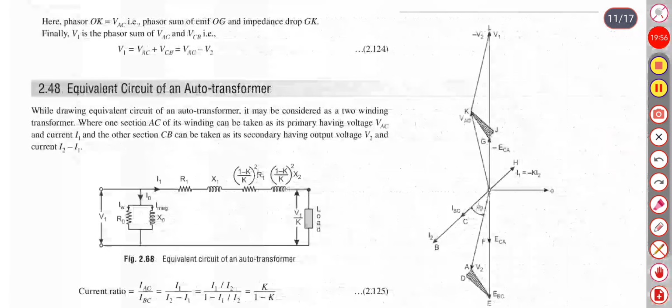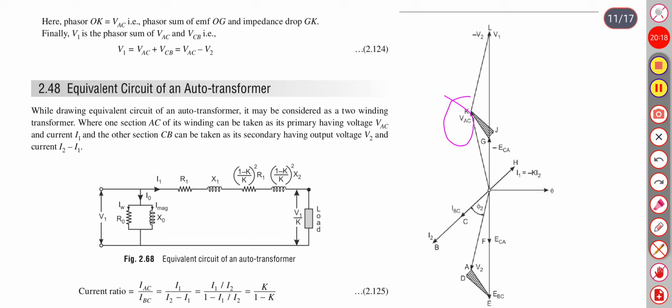Here phasor OK is equal to VAC, the phasor sum of EMF OG and impedance drop GK.